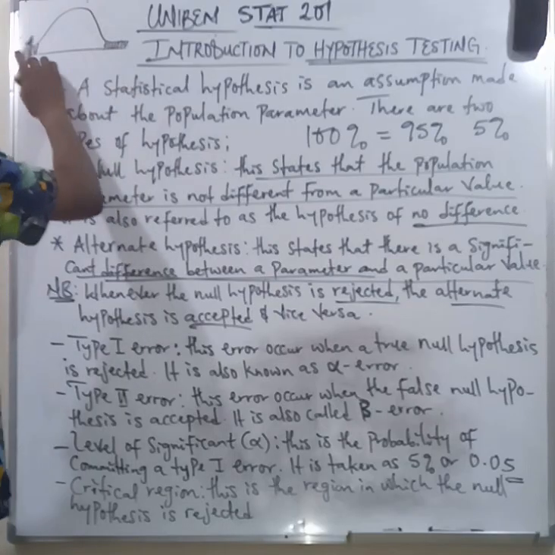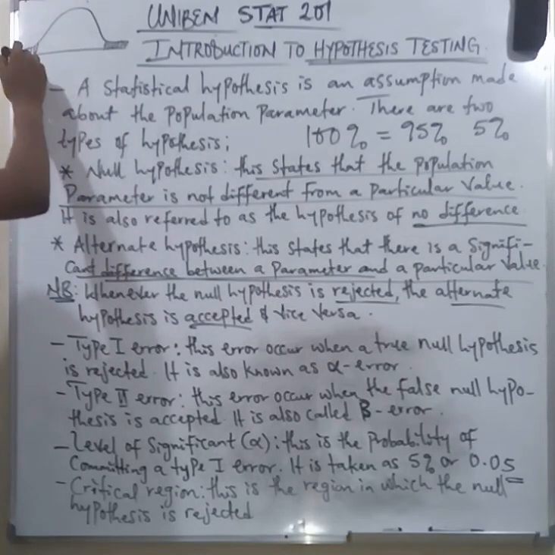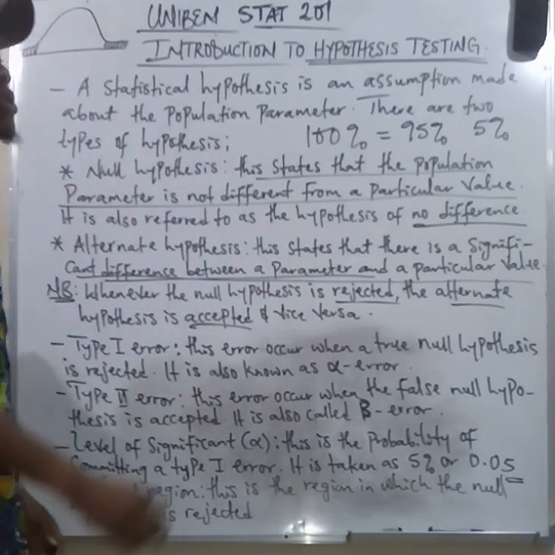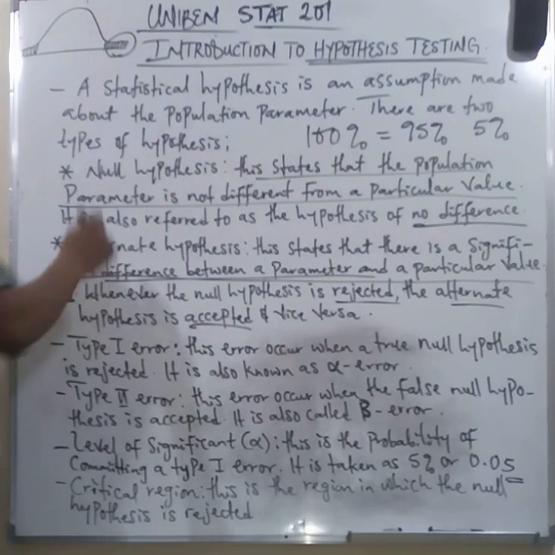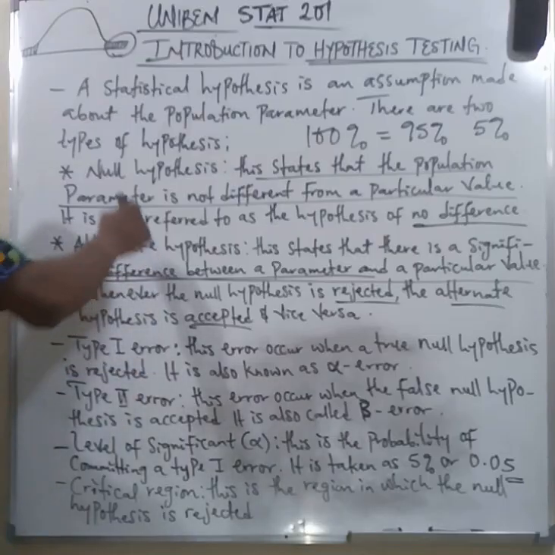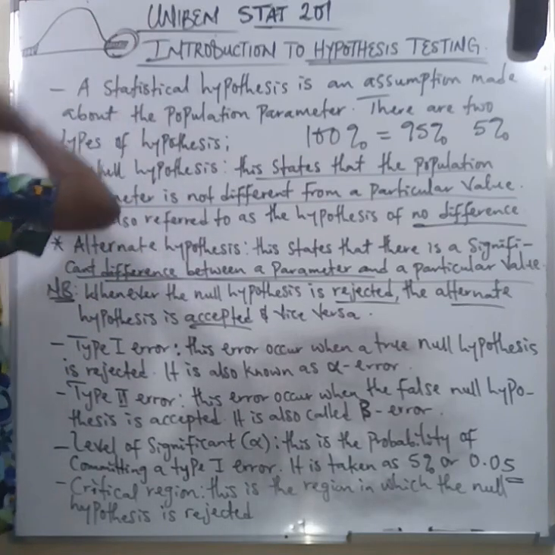These edges here are known as the critical regions, and any values that fall in this area are known as critical values.